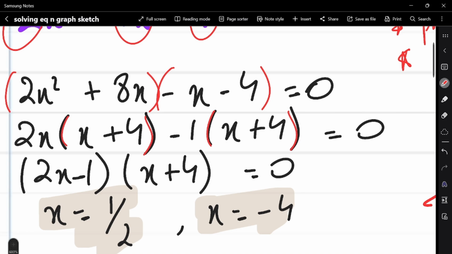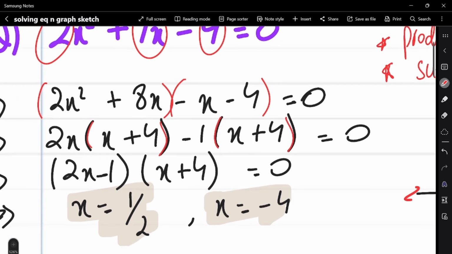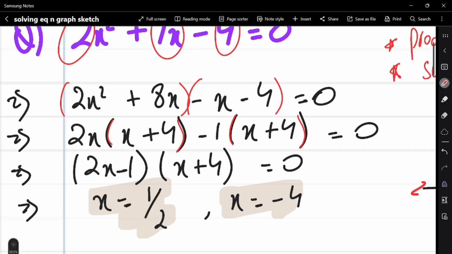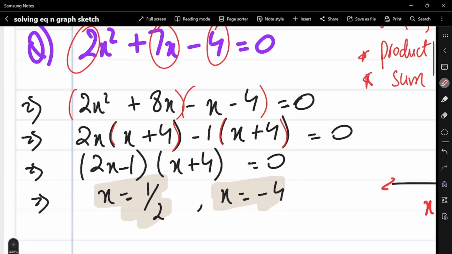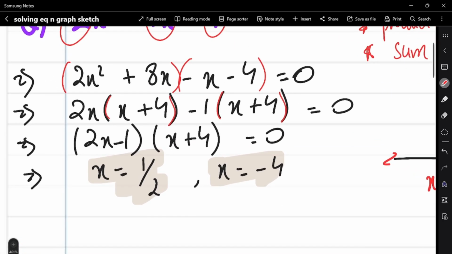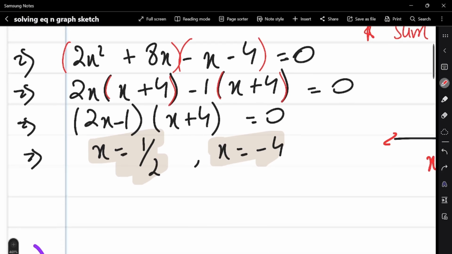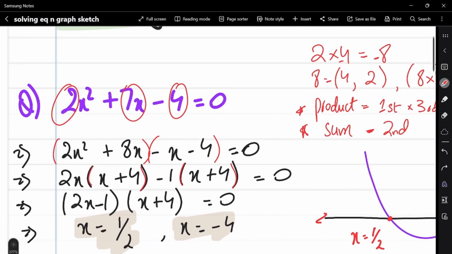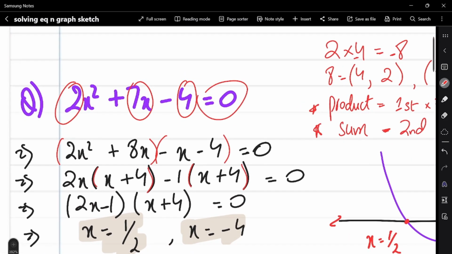So we take the minus sign as common to achieve x plus 4, and now we can see that both parts of the equation have x plus 4 as a common factor, which means that the middle term break is correct. Now we are left with two factors, x plus 4 which we have found, and 2x minus 1 which we are left with. So this is our second factor. These are the two factors, 2x minus 1 and x plus 4, equating to 0 as stated in the equation.